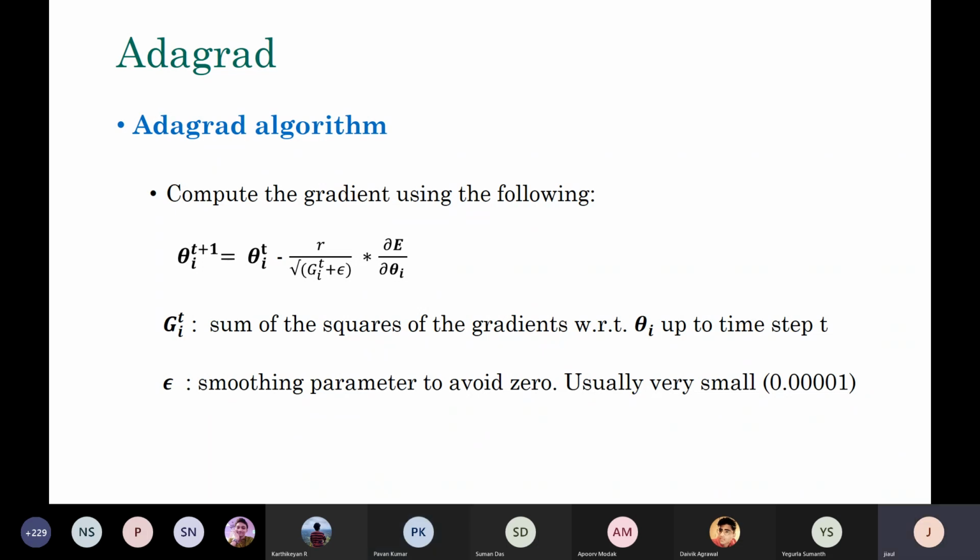But if your gradients are very small, you are assuming probably that G_t will increase only when the gradient is greater than 1. Otherwise, it is not going to increase. Yes, it depends.